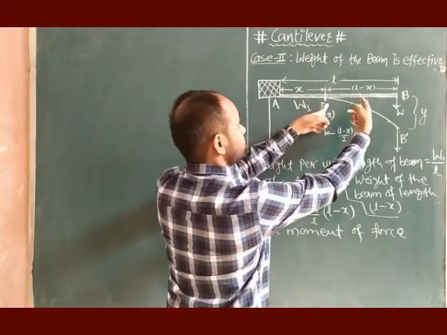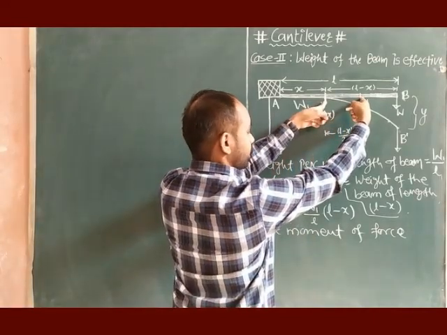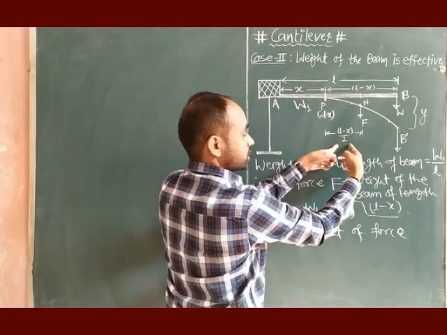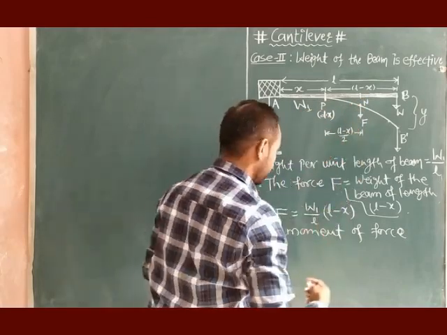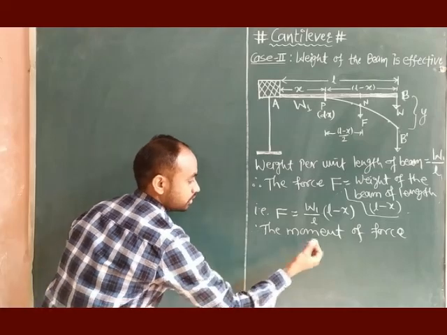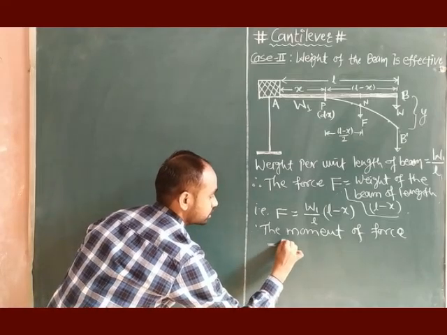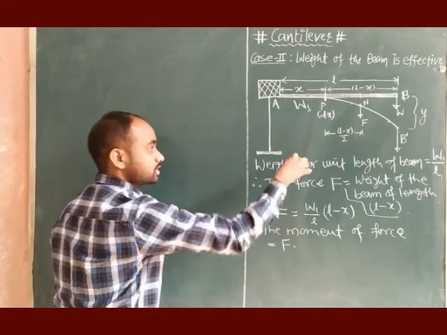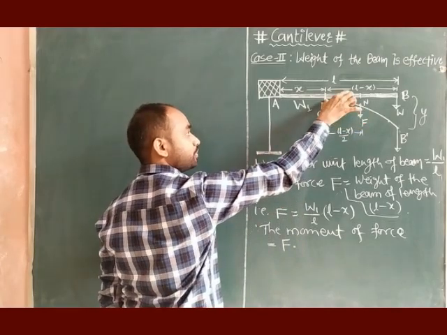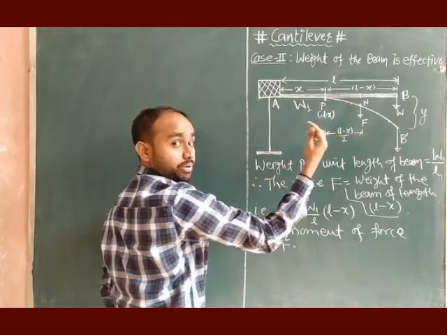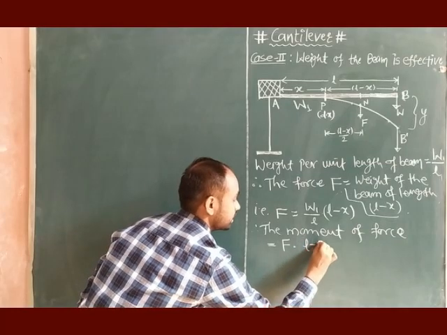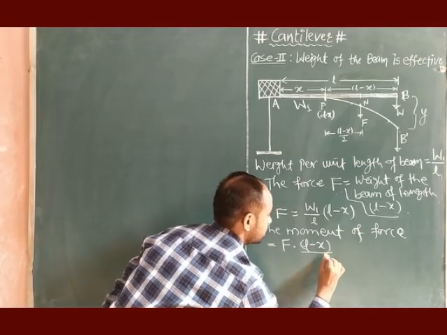The distance of the central point from the point P is L minus x by 2, so the moment of force equals force F into the distance of this midpoint from the fixed point P, which is L minus x divided by 2.